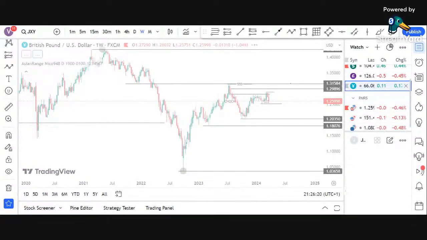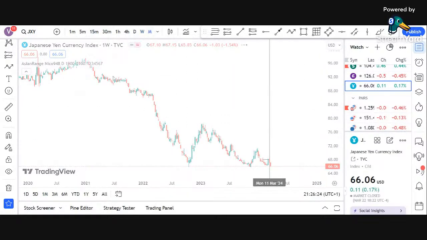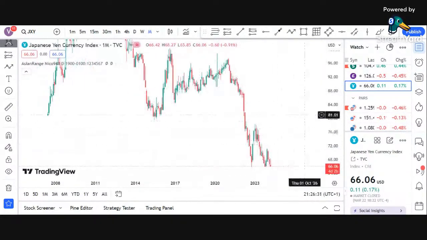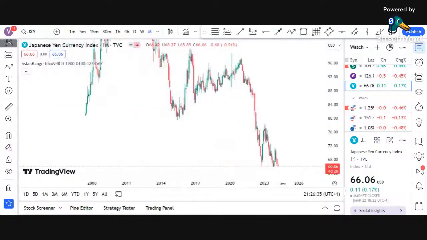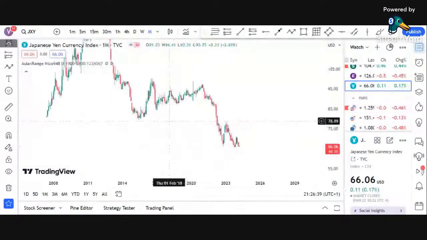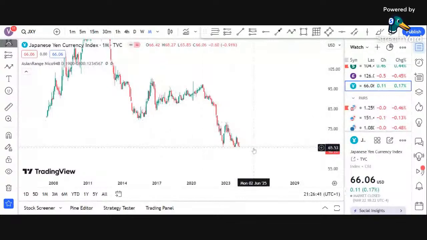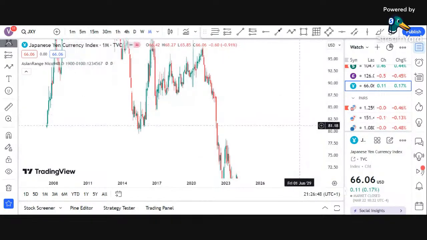For direction, let's look at the Japanese yen. We want to check the direction for the Japanese yen, right? This is a monthly time frame, and what we can see basically from here is that price is bearish.